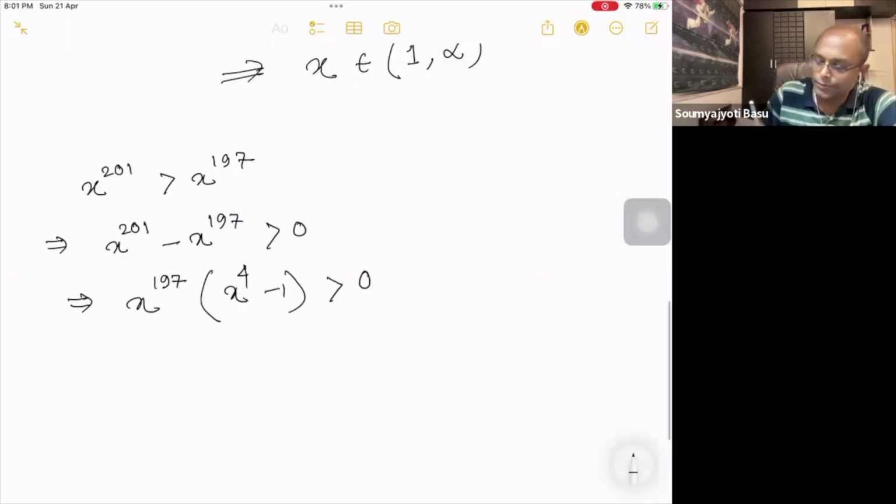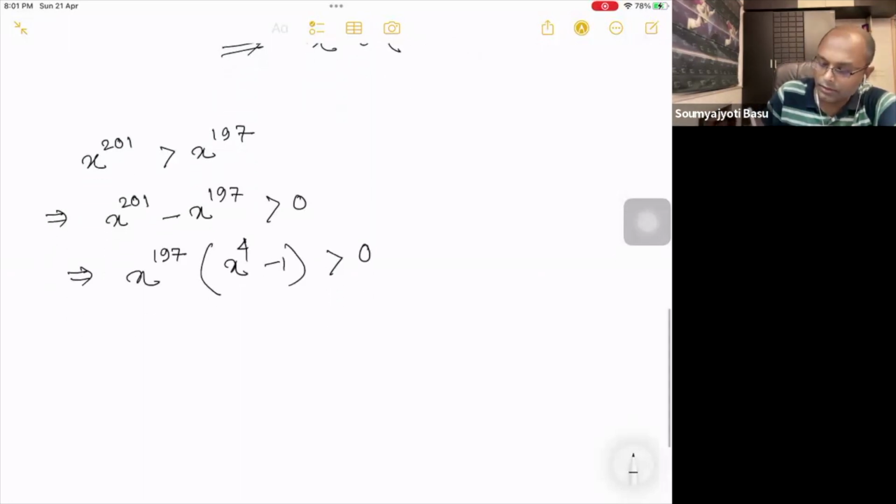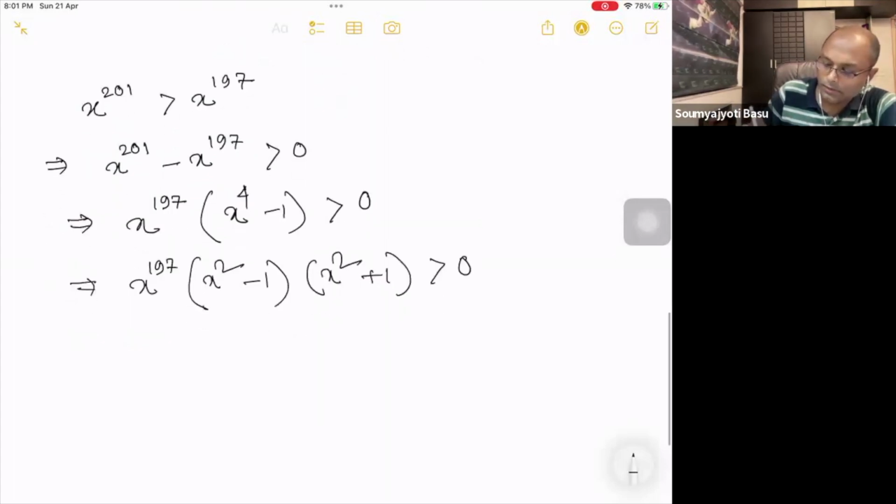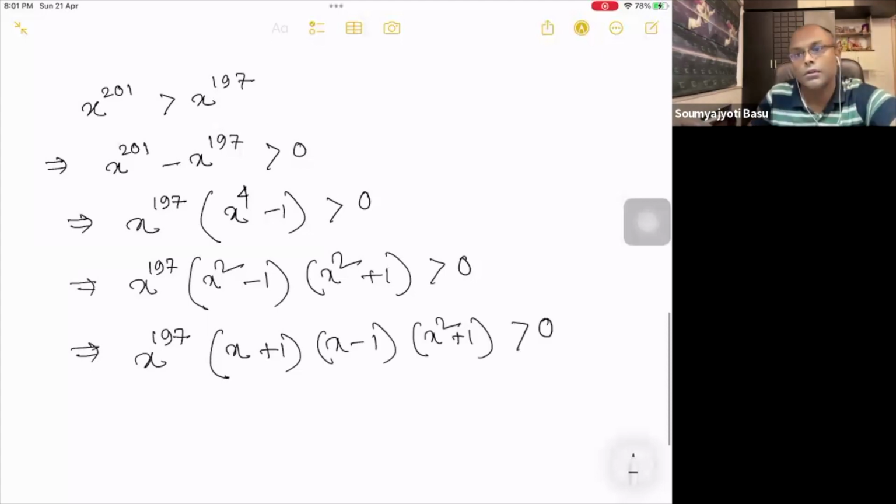Now what do you do? Simple. Next what? We have the final completely factorized form of this polynomial equation or polynomial function.